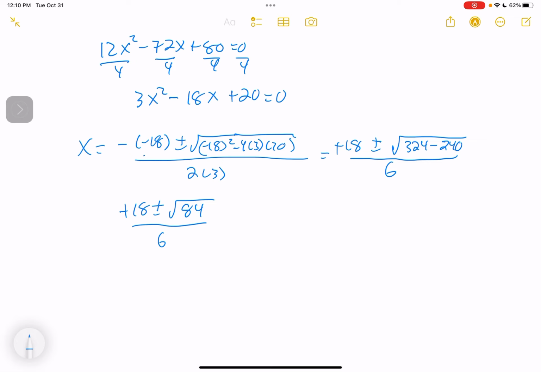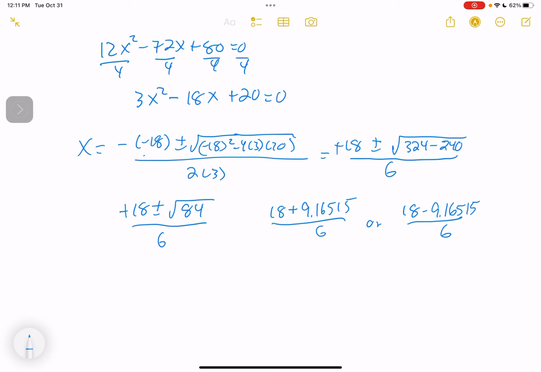Okay. So we will have 18 plus, and what is the square root of 84? We know it's more than 9. So let's do my square root button. There it is. 9.16515 divided by 6, or 18 minus 9.16515 divided by 6.